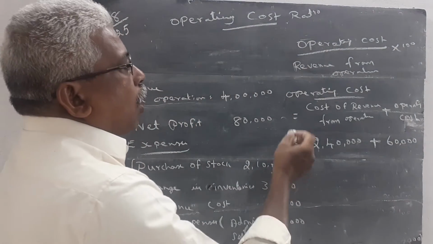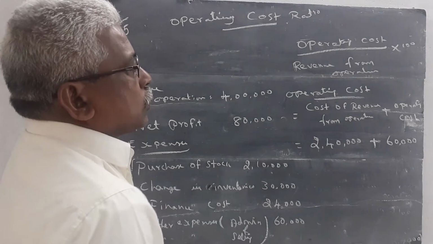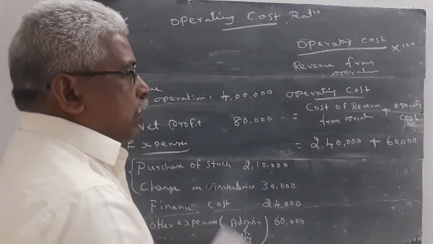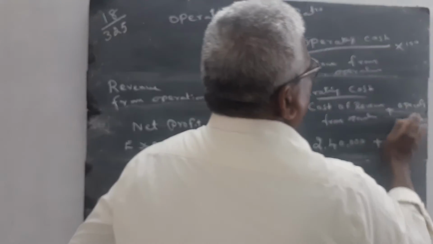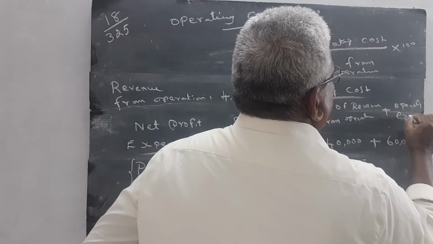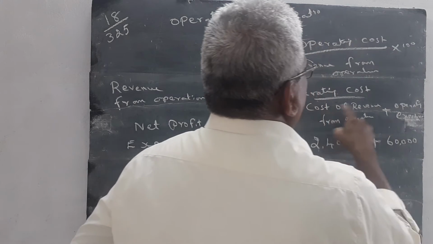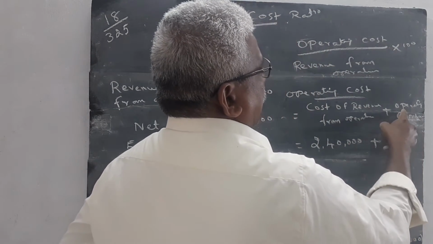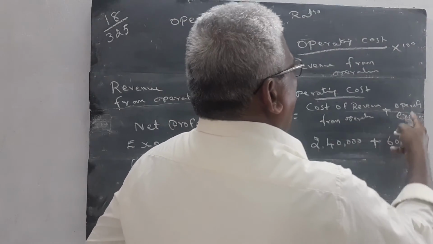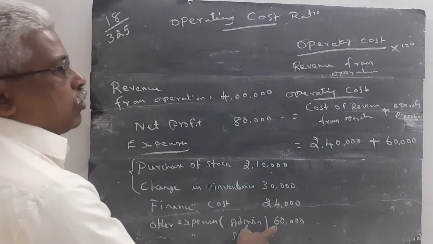So operating cost is equal to cost of revenue from operation plus operating expenses. Operating expenses is 60,000.